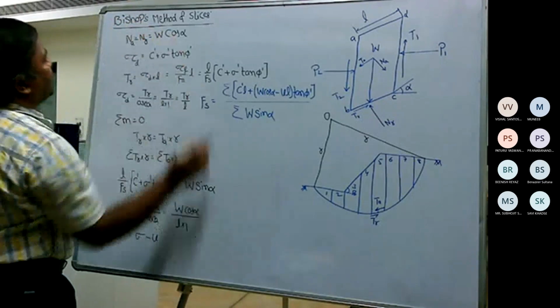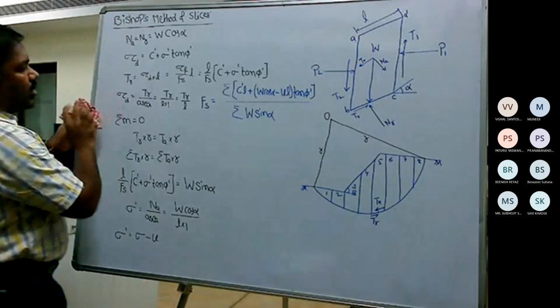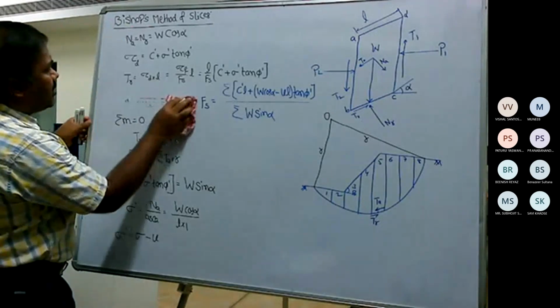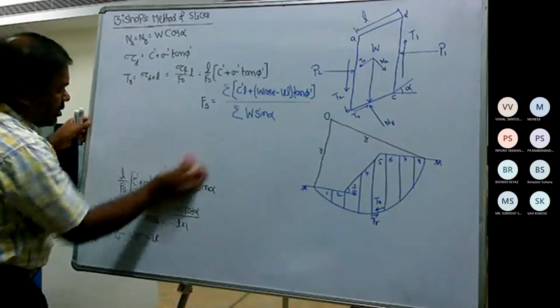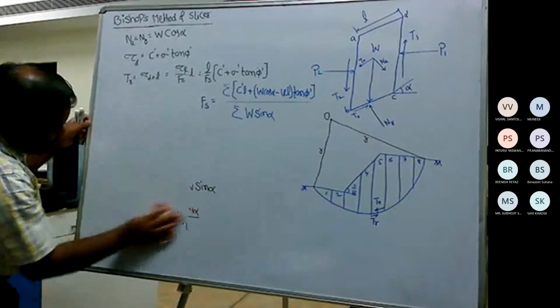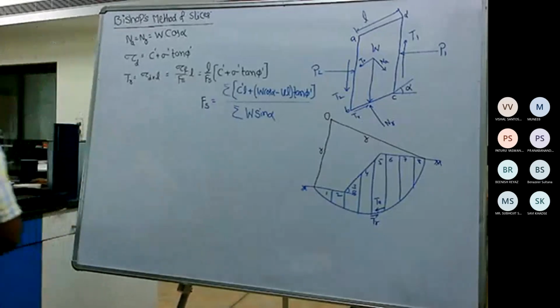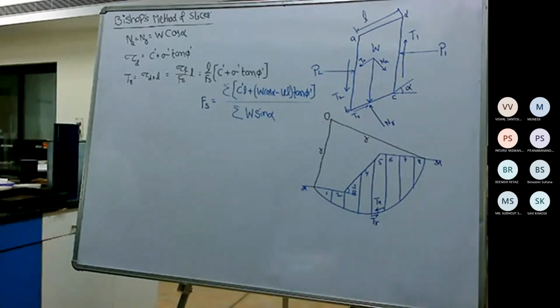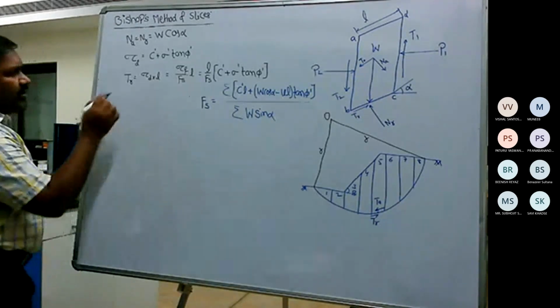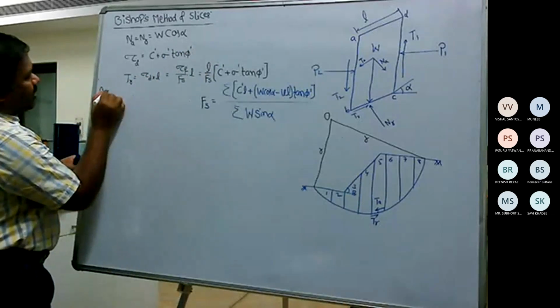So Bishop's method of slices. Up to this part, the derivation remains the same. But additionally, Bishop's method accounts for the normal and tangential forces.